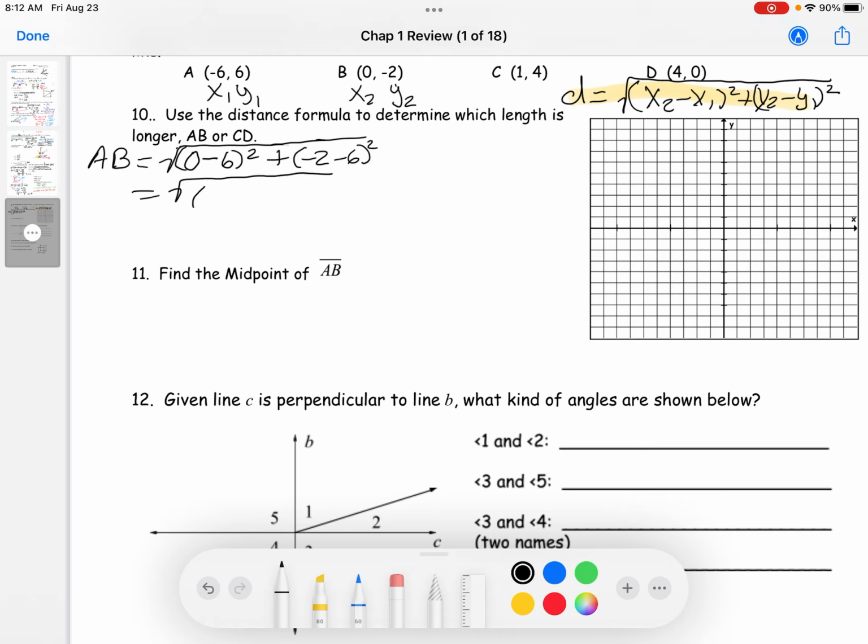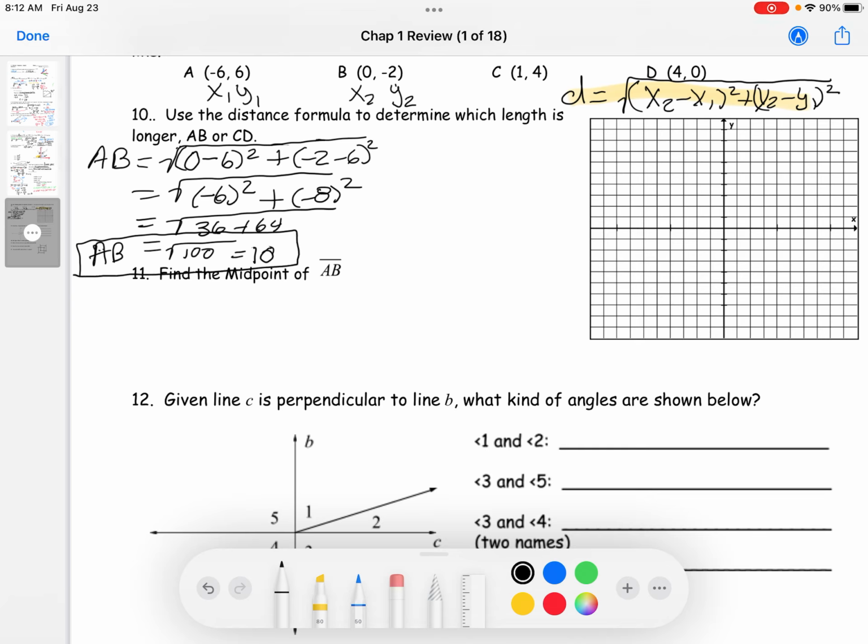So this is going to give me a negative 6 squared plus a negative 8 squared. So that should be 36 plus 64, which gives me a square root of 100, which will equal 10. Okay, that's AB equals 10.